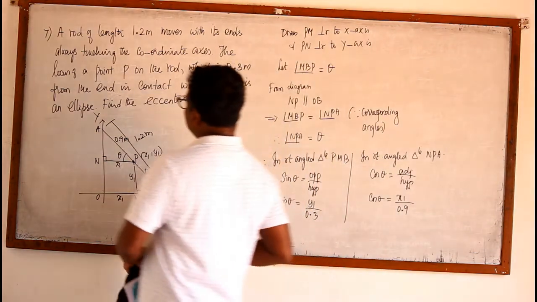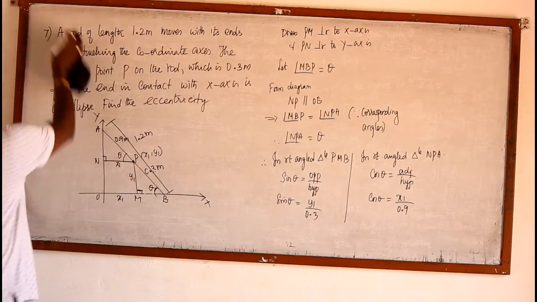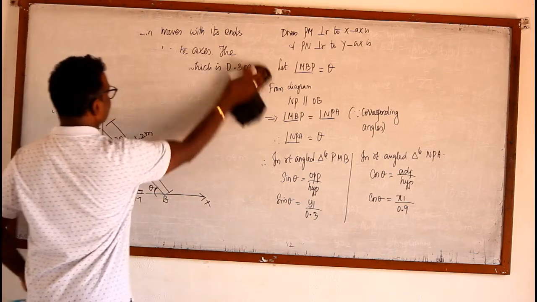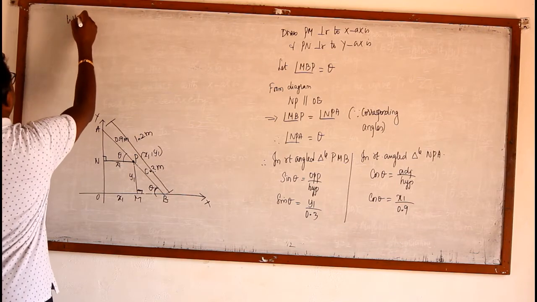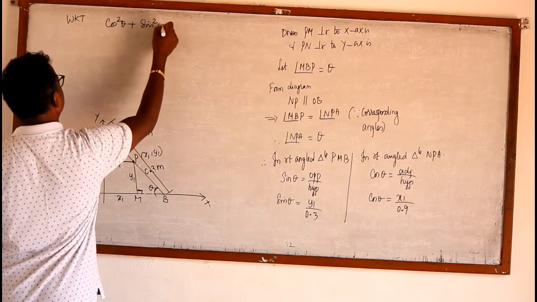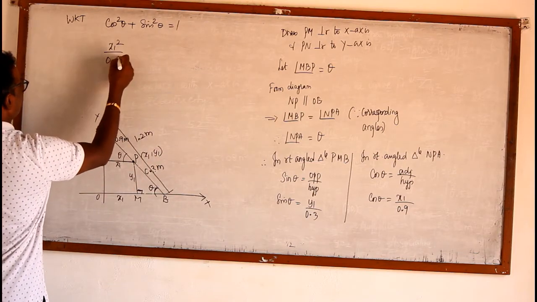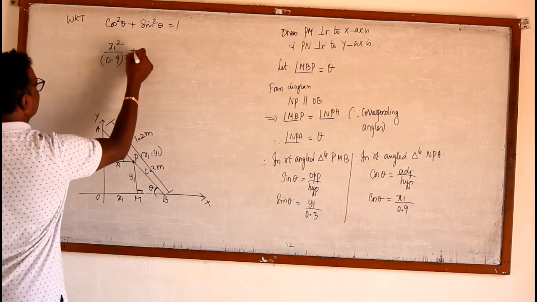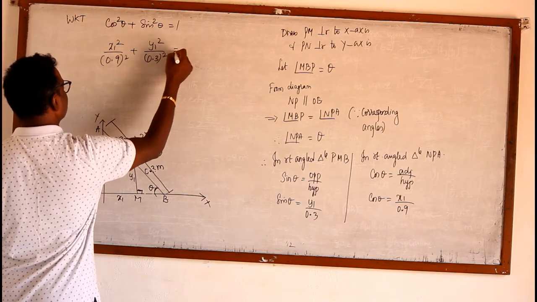Now, am I having the value of sin theta and cos theta? Let me use the identity of sin theta and cos theta. What is meant? We know that cos square theta plus sin square theta equal to 1. That is x1 square by 0.9 the whole square, plus y1 square by 0.3 the whole square, equal to 1.